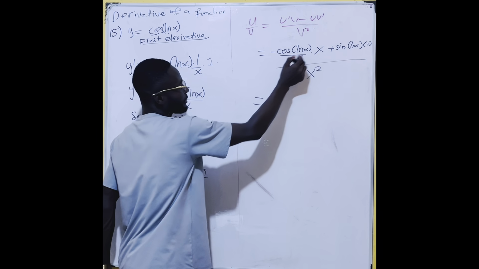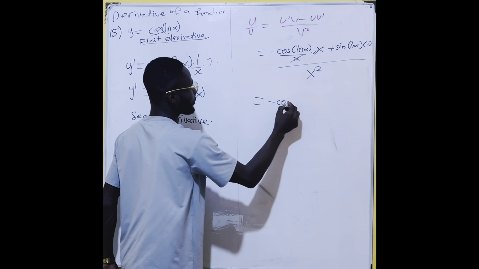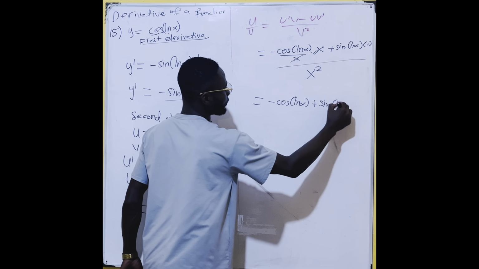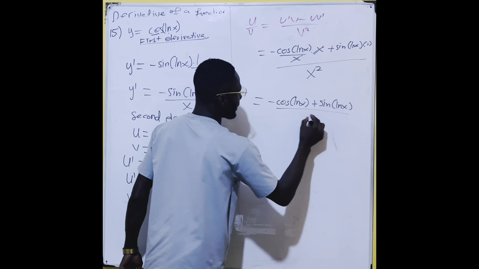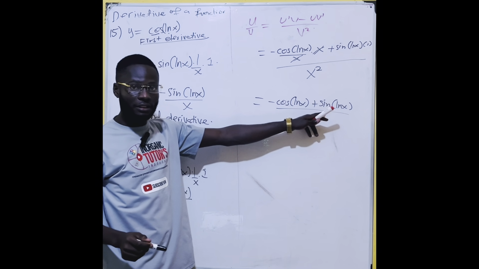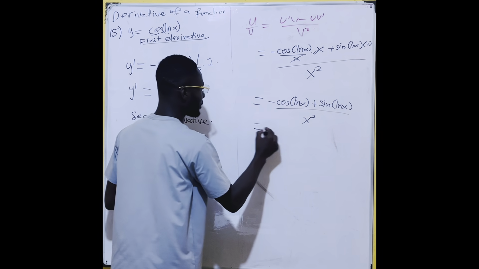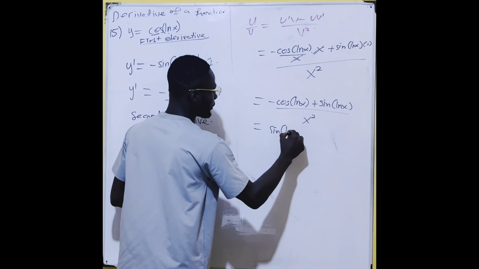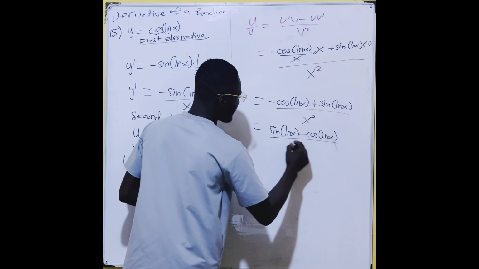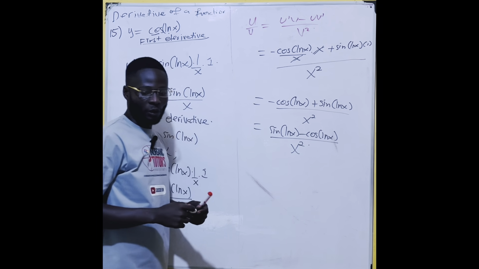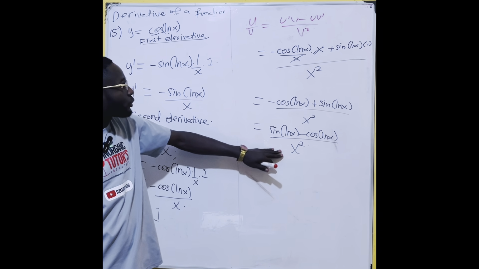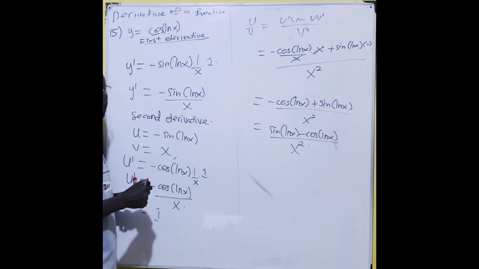This basically cancels this. So we have negative cos of ln x plus sine of ln x divided by x squared. Okay, so this is what we have for the second derivative. We can reposition this to have sine of ln x minus cos of ln x divided by x squared. So that becomes our second derivative to this particular problem.